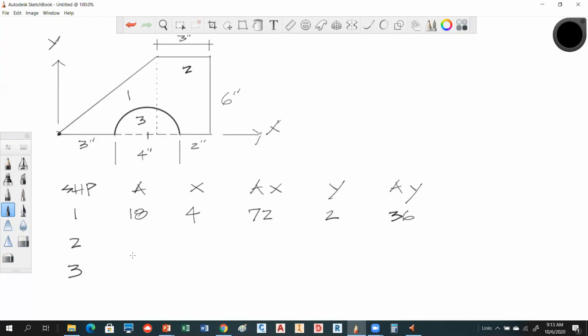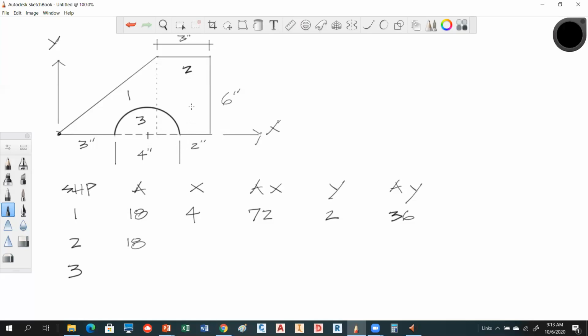So now our next shape is this rectangle. And this rectangle is 3 by 6. So the area is simply 3 times 6. Again, that turns out to be 18 as well. If the origin was right there on this shape, we'd be 1/2 of 3, which would give us 1.5.